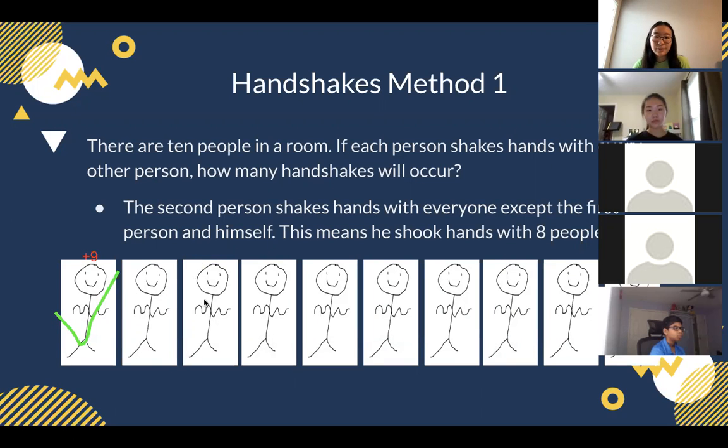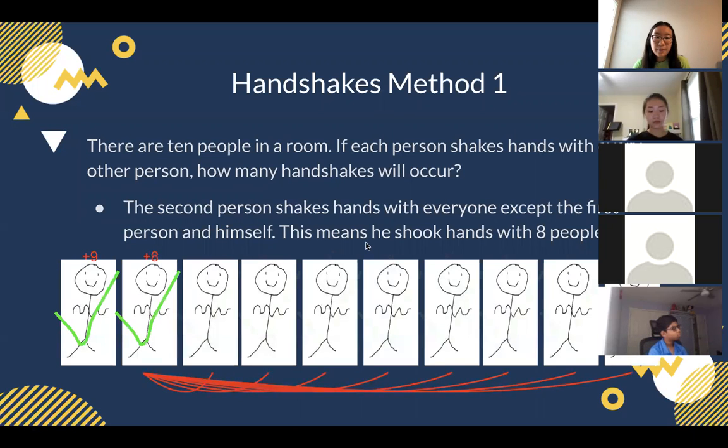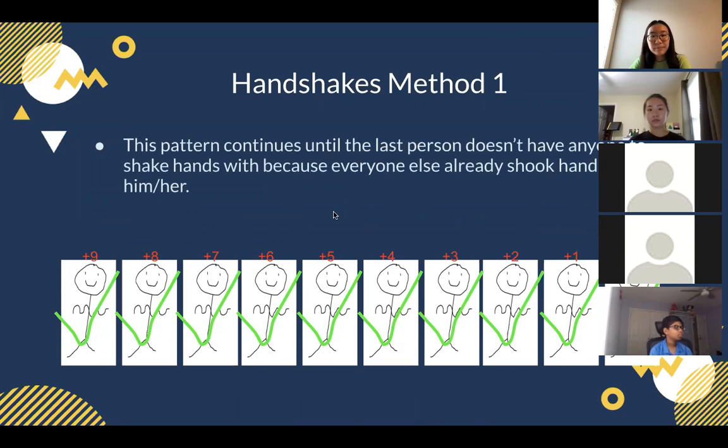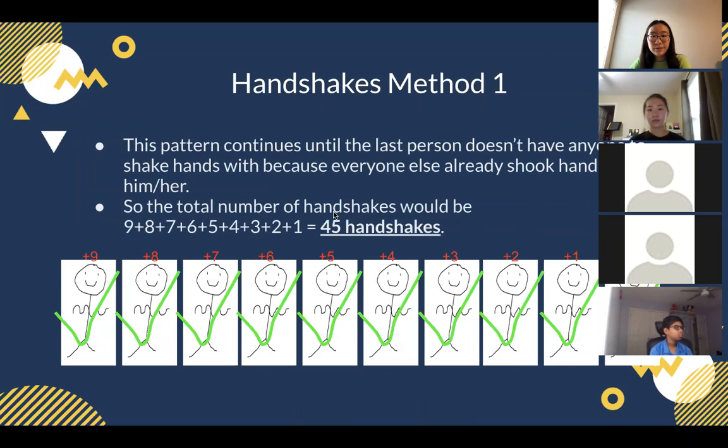And so he's gonna shake hands with 8 other people. And then so on and so forth. So third person is gonna shake hands with 7 people, all the way down to the 10th person shaking hands with no one because everyone already shook hands with him. So the total number of handshakes would be 9 plus 8 plus 7 plus 6 plus 5 plus 4 plus 3 plus 2 plus 1, which gets you 45 handshakes in total.